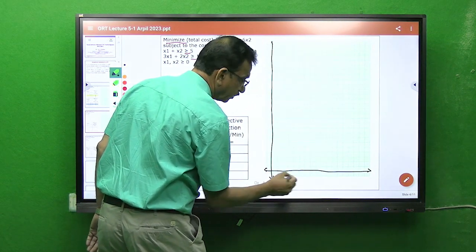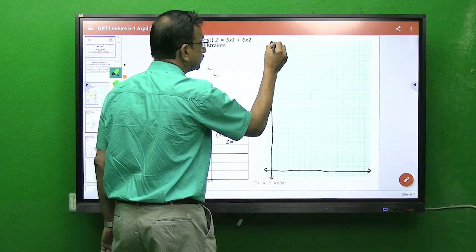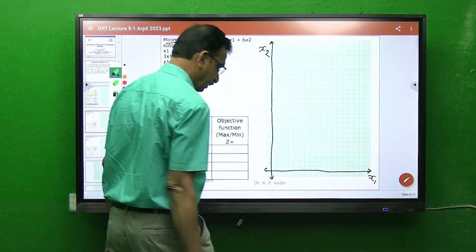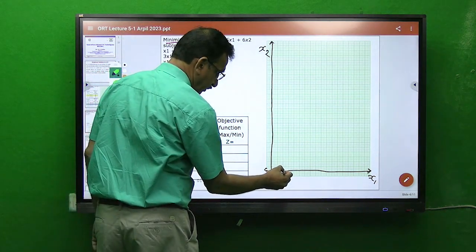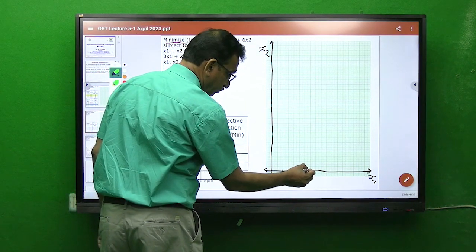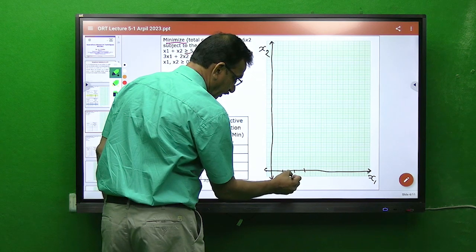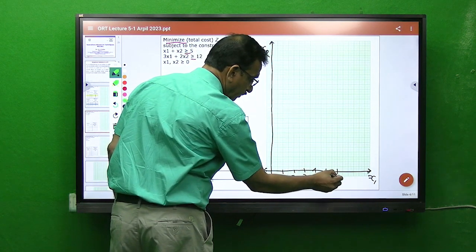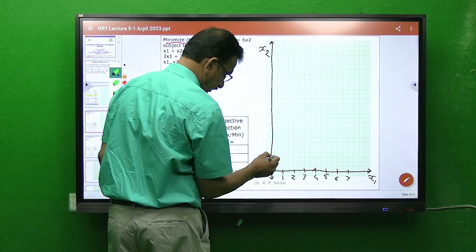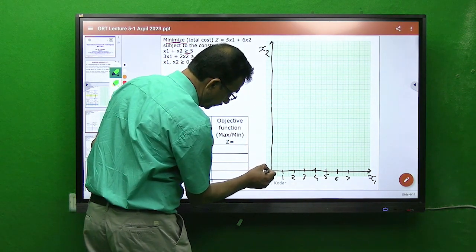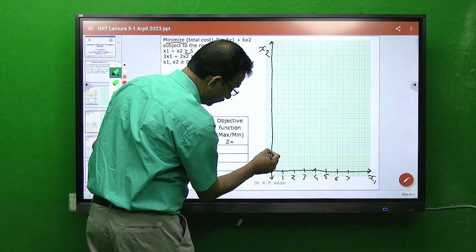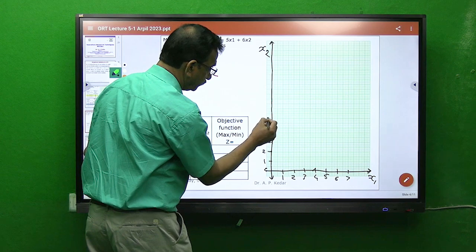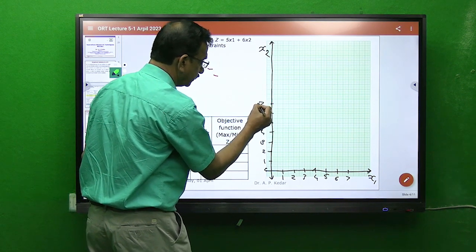If you recall our last discussion, this is the axis for x2, this is the axis for x1, and depending on the scale, this is 1, 2, 3, and this is 1, 2, 3, 4, 5, 6, 7. Again on this axis it is 1, 2, 3, 4, 5, 6 and 7.